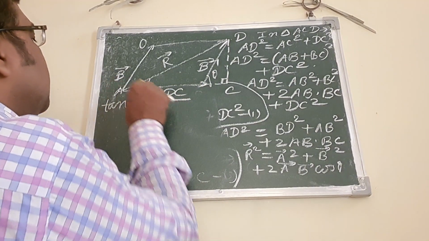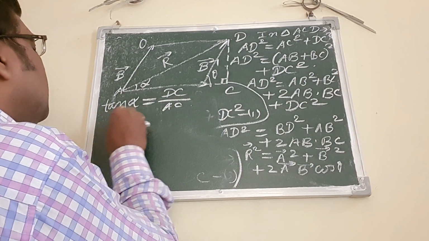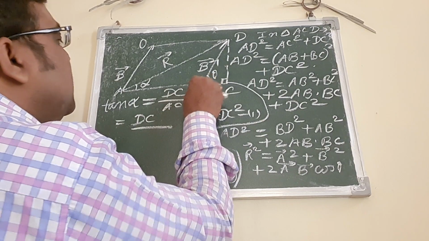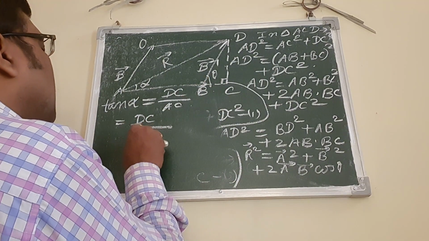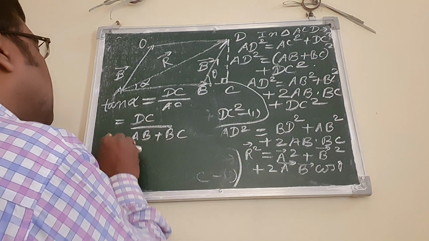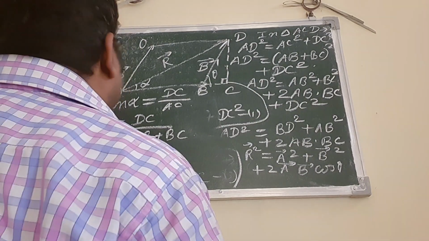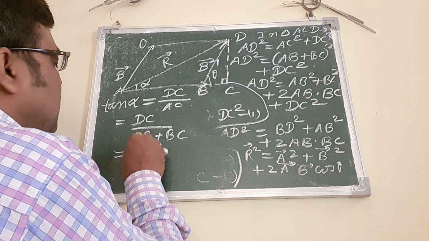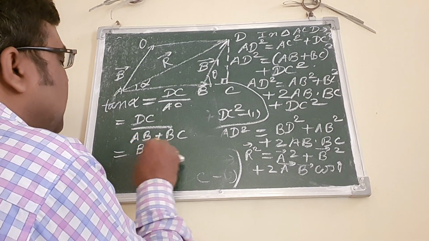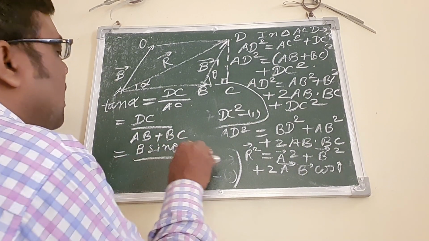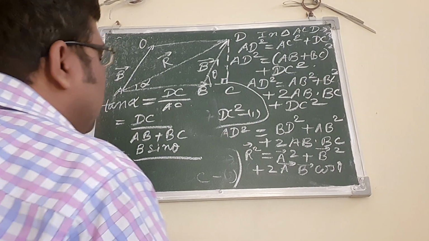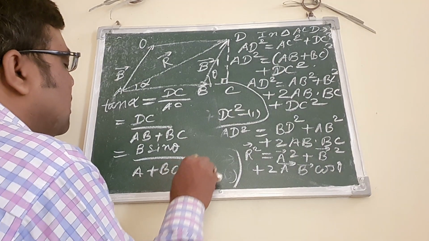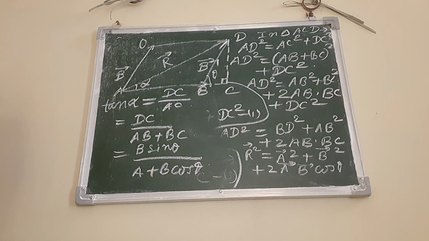The base is AC, so in place of AC we can write AB plus BC. So what will DC be? DC is B sin theta upon AB, that is vector A, plus B cos theta. So this is the expression for tan alpha.